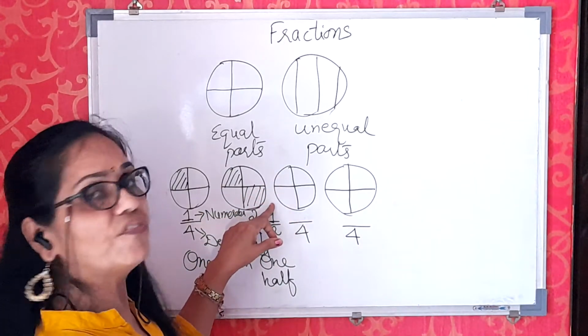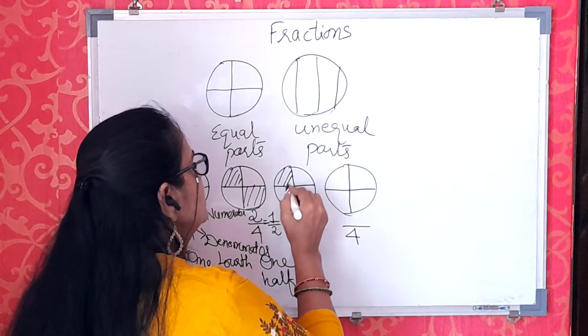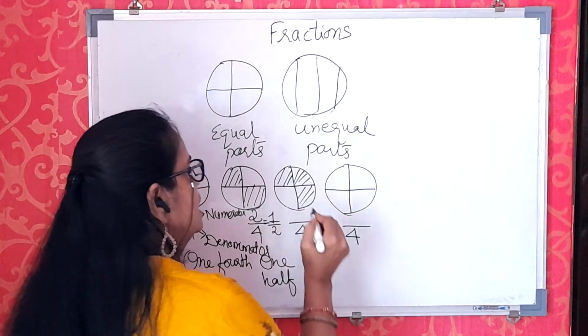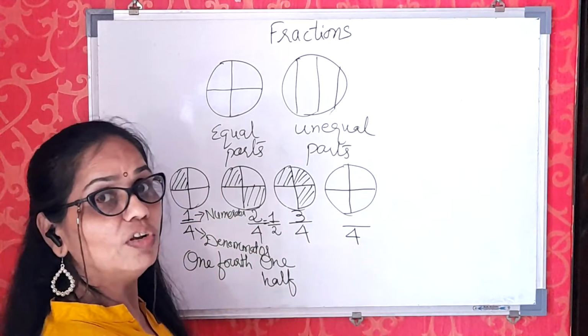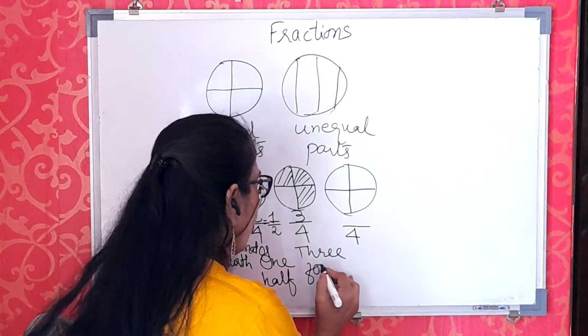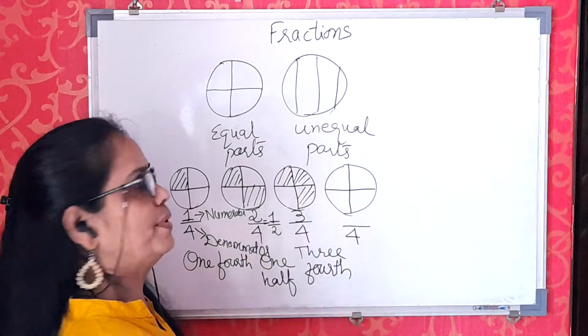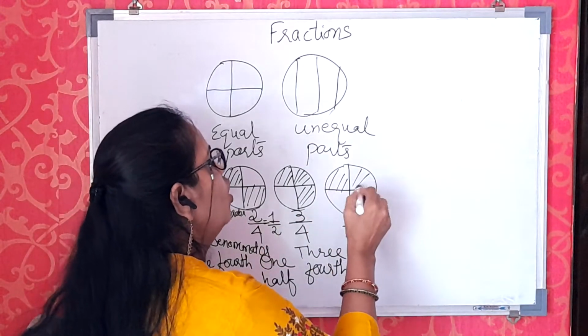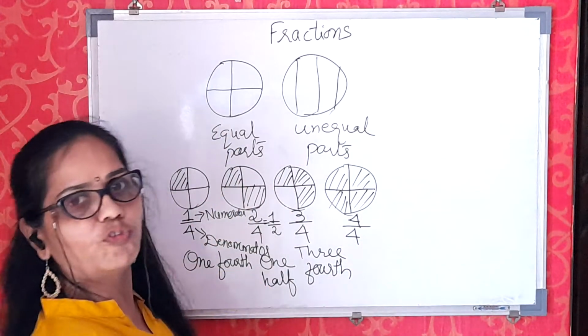Now in the third figure, out of 4 parts, I had 3 pieces. That is 3 upon 4. So how will you read it? 3/4. And here out of 4 pieces, I had all 4 pieces. That means 4 upon 4.